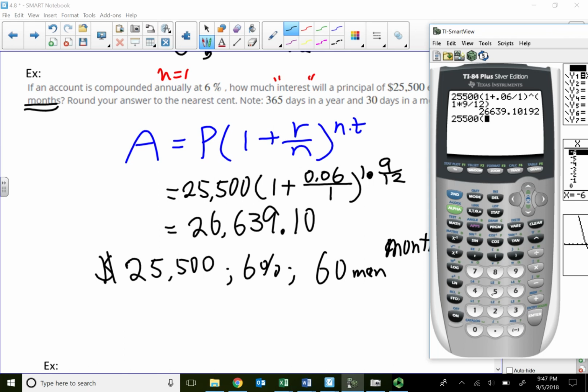If I take that same money and invest it, 0.06 divided by 12, since n is 12 for monthly, raised to n times t, doing it for 60 months, that's 60 out of 12 months in a year.